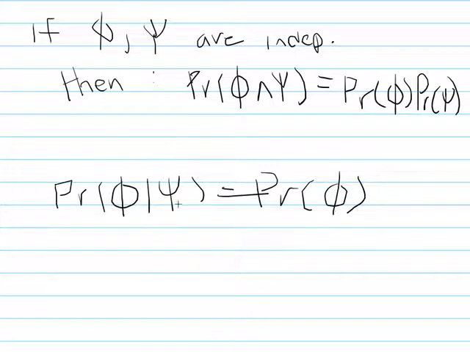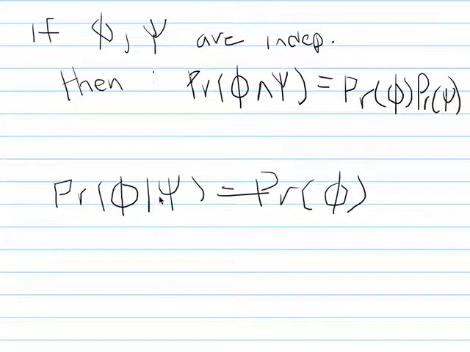So for two sentences to be independent is for the conditional probability of one given the other to be the same as its unconditional probability. That is, if phi is independent of psi, then phi's conditional probability on psi is the same as its unconditional probability. That is, learning psi or conditioning on psi does not change phi's probability, and that's what it means for two sentences to be independent of each other.